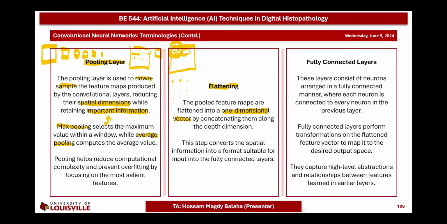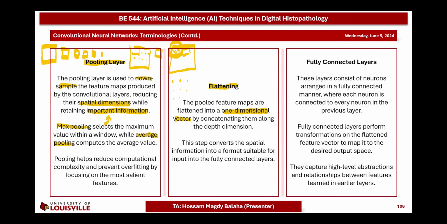So you are converting from the spatial information to a format which will be suitable for the following layers to be able to produce a category or a class as a single value or a single vector. Flattening is done by concatenating the dimensions together.